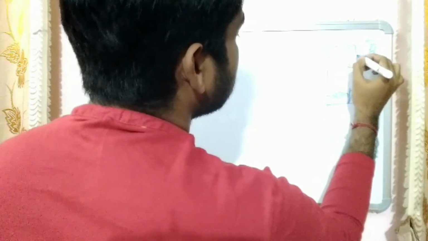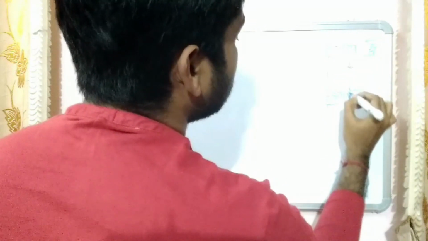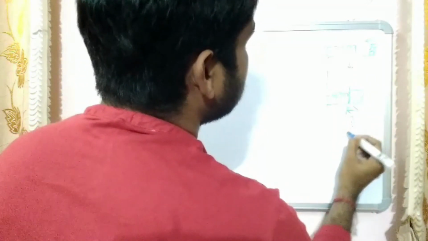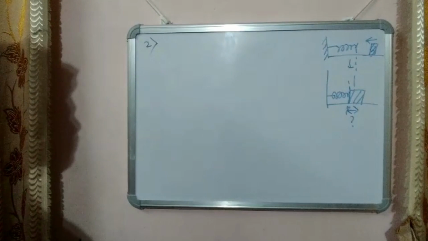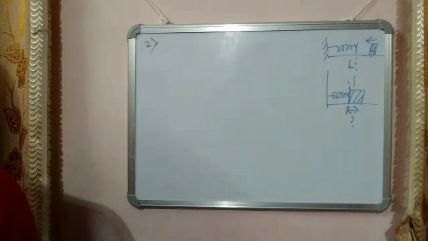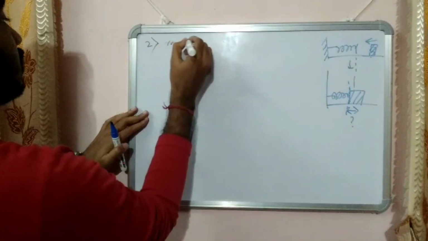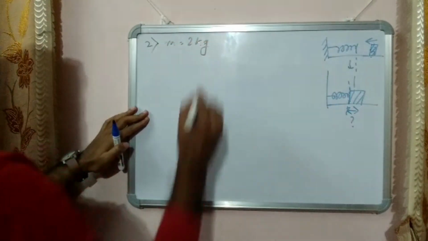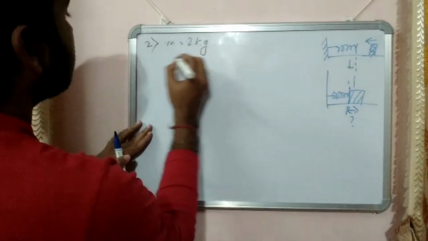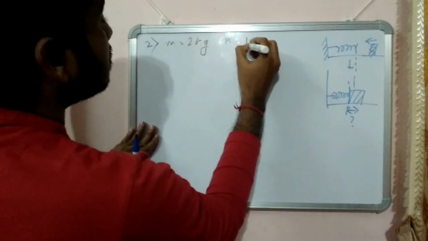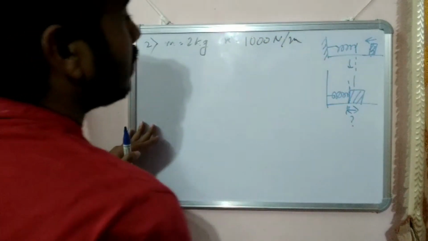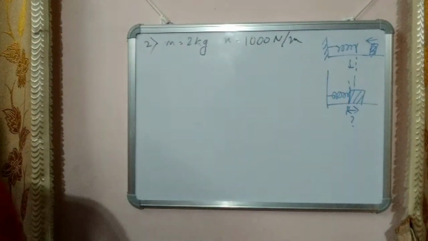So the spring was here and now the spring is here, so we need to calculate this displacement. Some constants are given: the mass is 2 kg and the spring constant is 1000 Newton per meter.